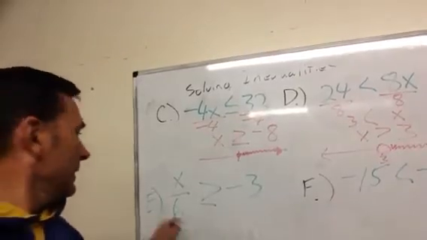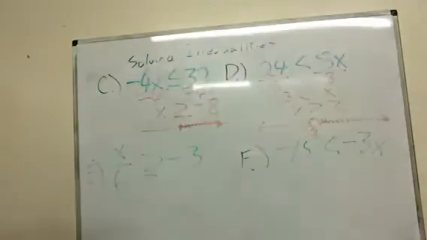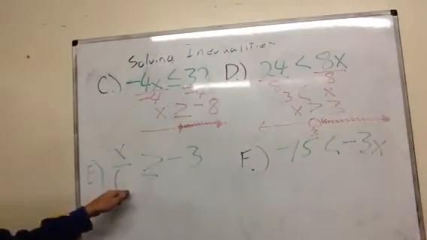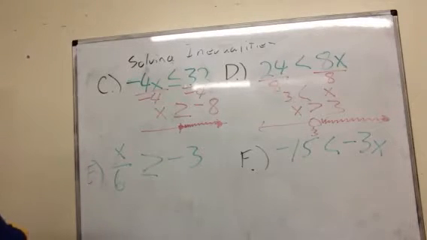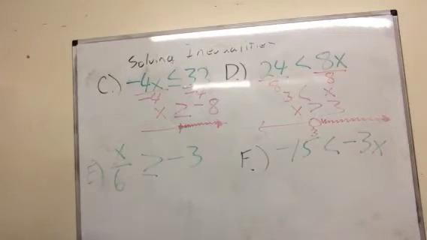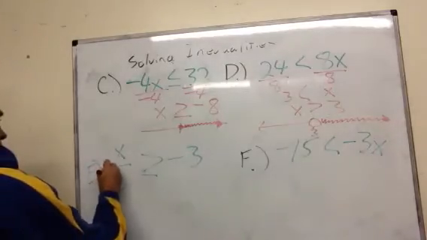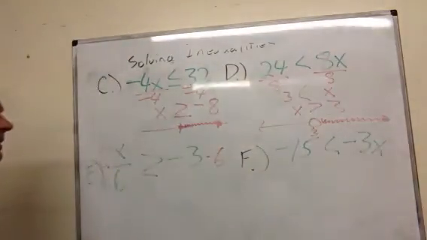Now letter E. Is x divided by 6 greater than or equal to negative 3? Instead of dividing by a number, this is already being divided, so again, we need to do the opposite. Here we need to multiply by 6 on both sides.